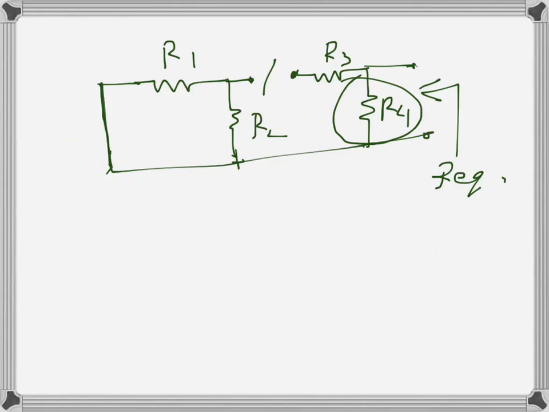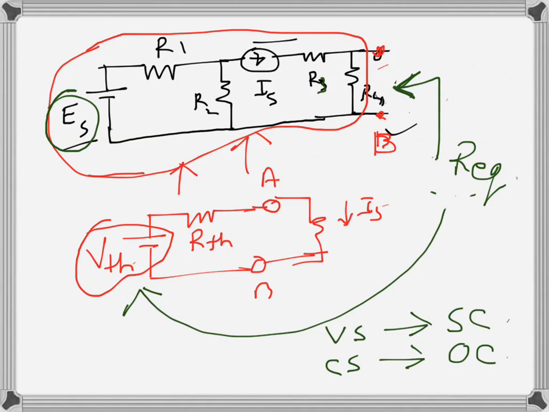But whatever the circuit is, we just need to find the R equivalent, and that R equivalent is actually R Thevenin. So once we find the value of the voltage source and the resistance, we actually have the Thevenin equivalent circuit, this one.